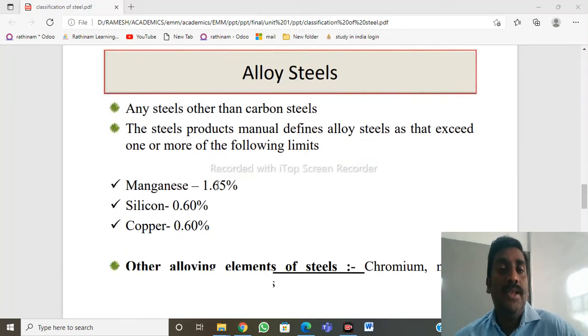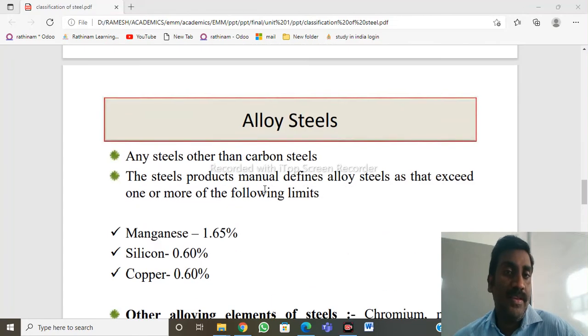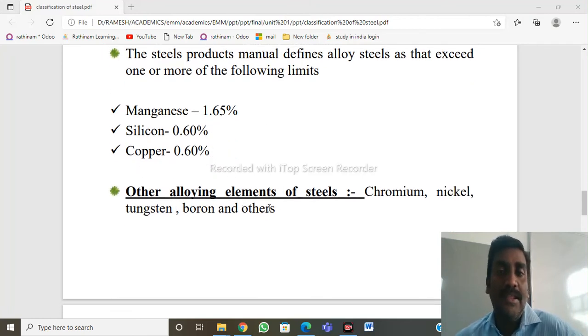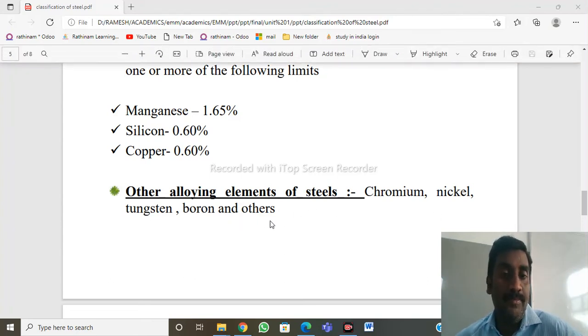Then alloy steels. What is meant by alloy steels? Any steels other than carbon steels. The steel products manual defines alloy steels as those exceeding one or more of the following limits: manganese 1.65%, silicon 0.6%, and copper 0.6%. Other alloying elements of steels are chromium, nickel, tungsten, boron, and others.